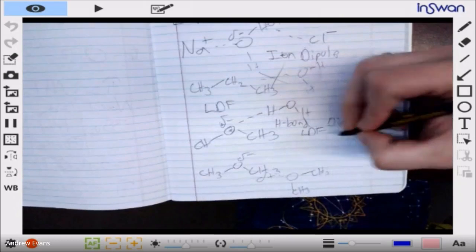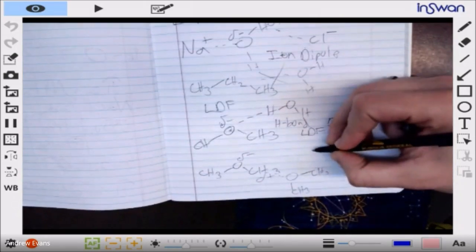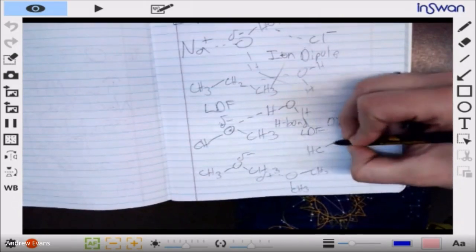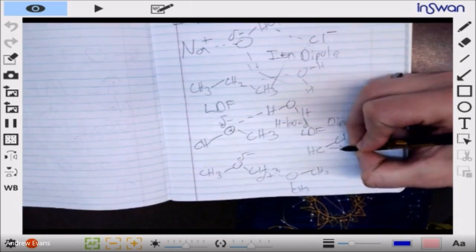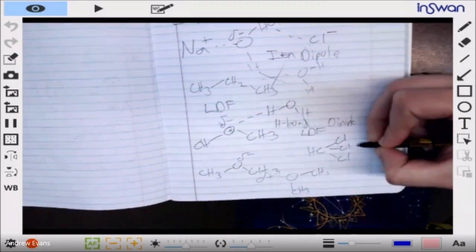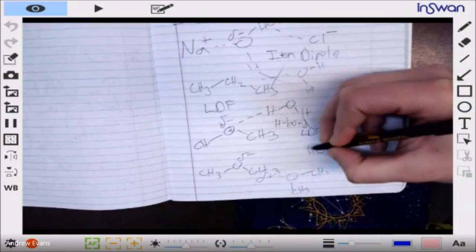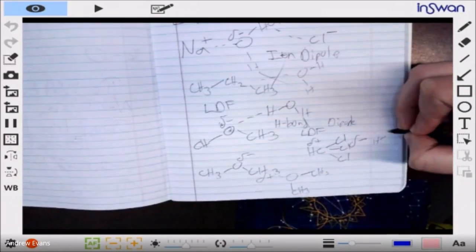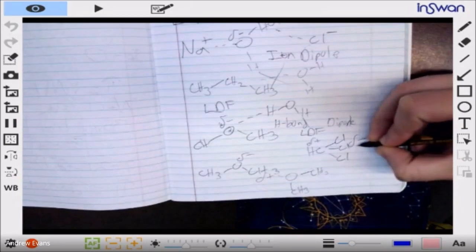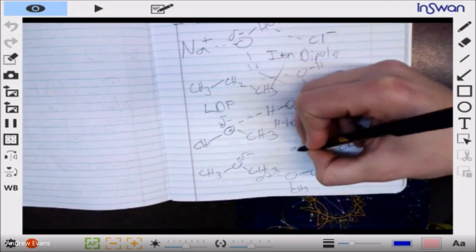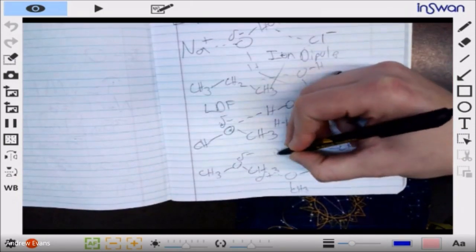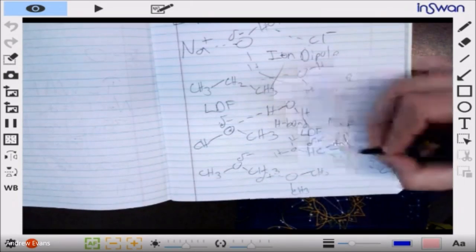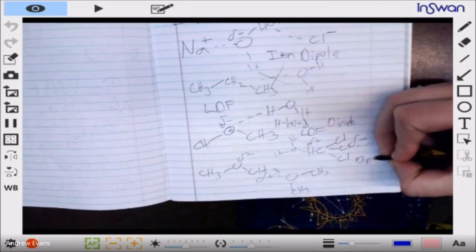And the last one, chloroform, CHCl3, with the partial negative and partial positive. We could have dipole, but no hydrogen bonds.